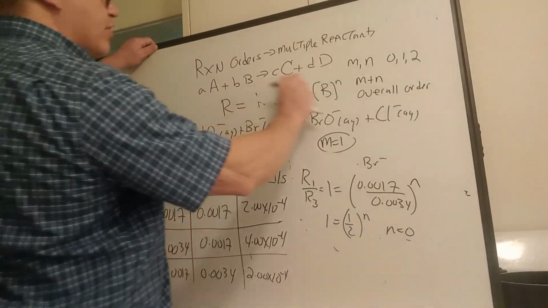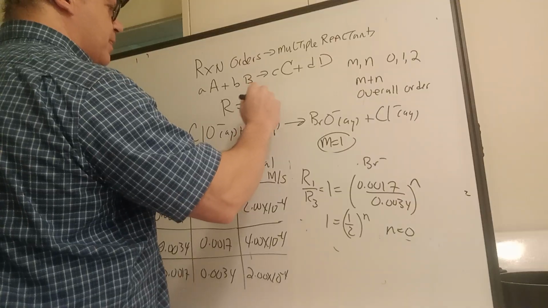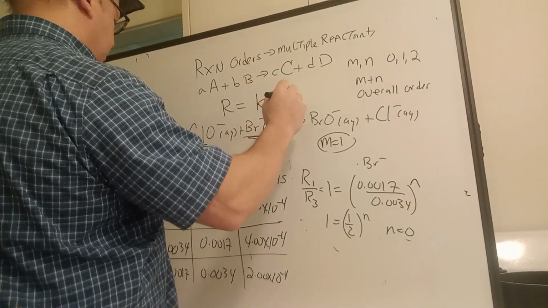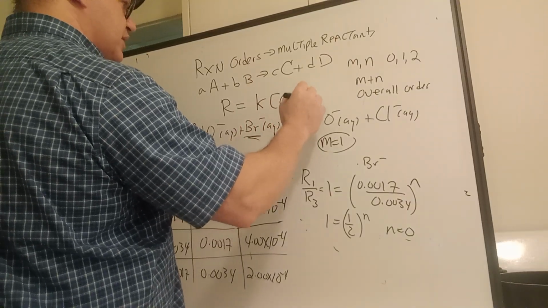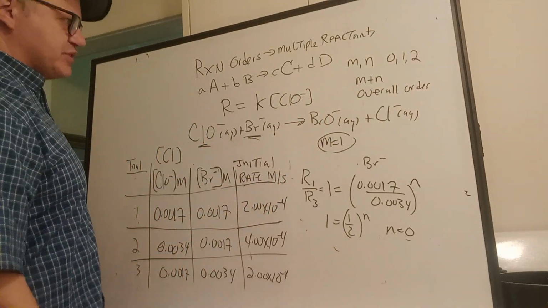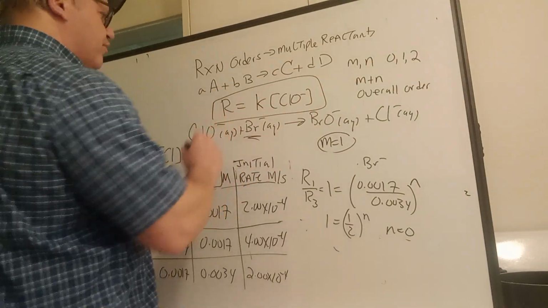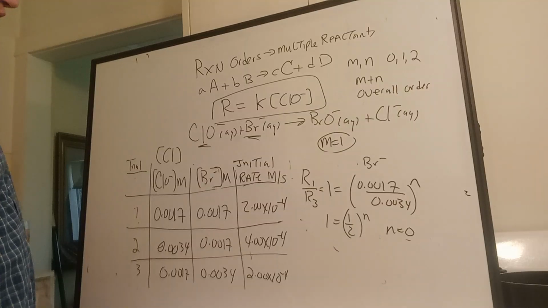The rate law for this will look like this. Rate is equal to k ClO minus. And that's it. We don't write in the Br minus to the 0 because that's just 1. This would be the rate law for this reaction.